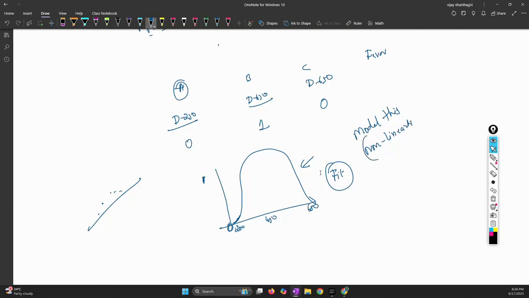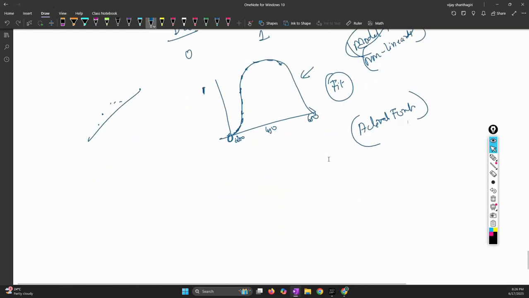non-linearity. Okay, so I want to model this non-linearity by taking small, small curves. These small, small curves come from what we call an activation function. I'm going to take this activation function and I'm going to build a lot of neural networks, and this activation function is in each of the neural networks.